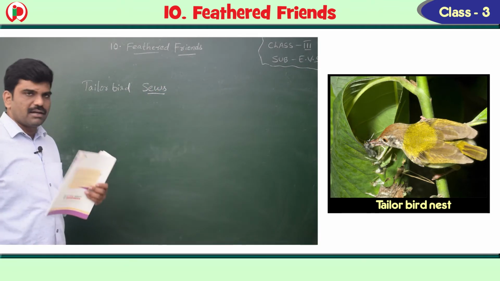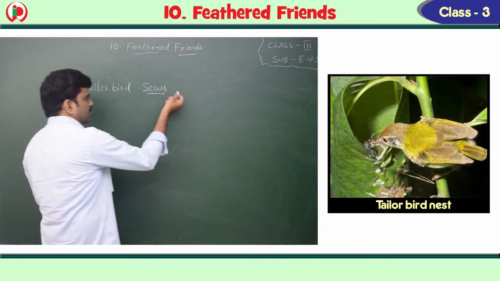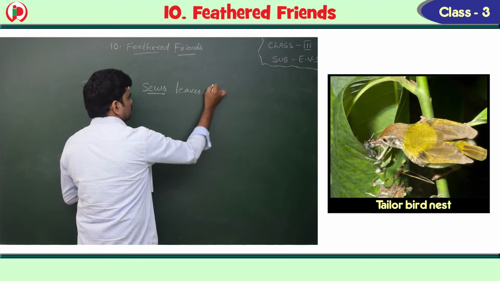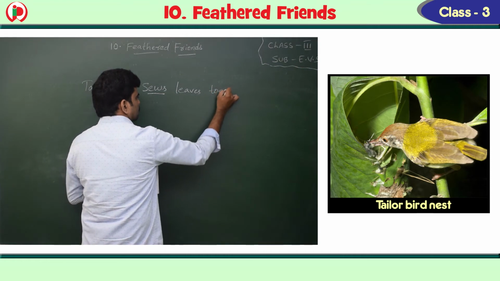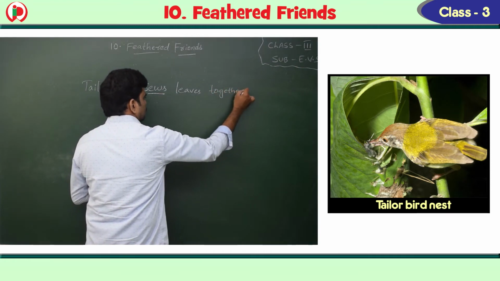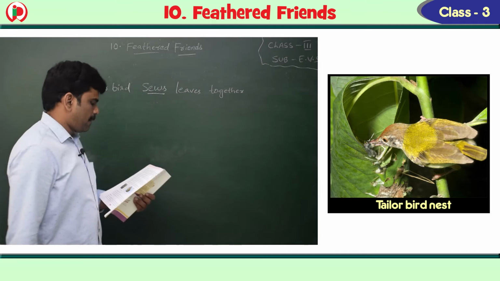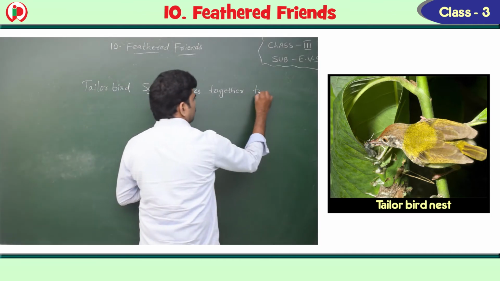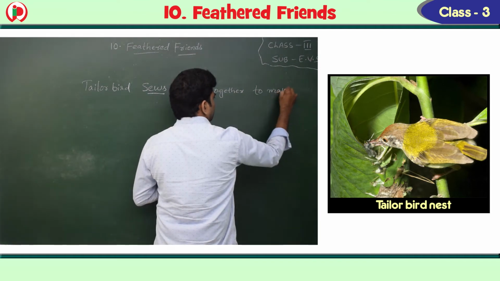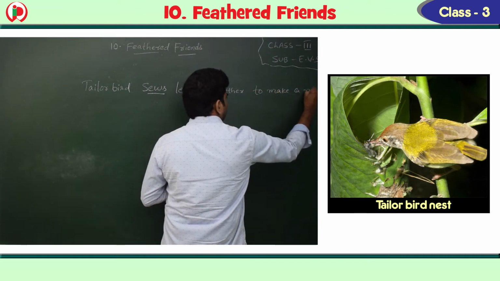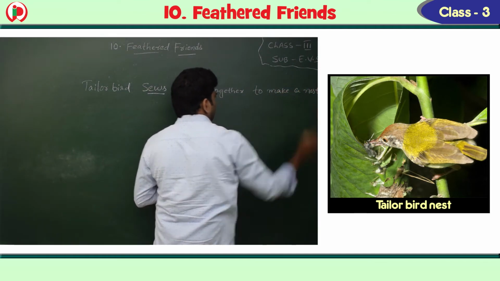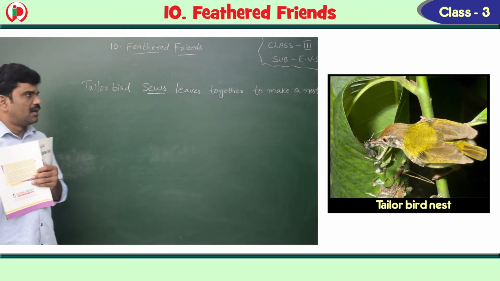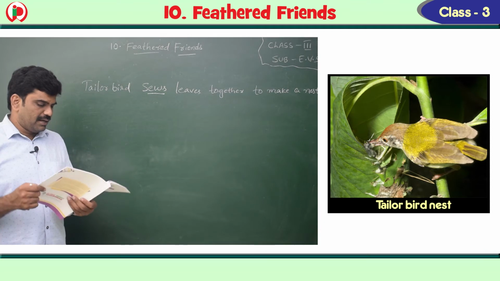Sews means they attach leaves together to make a nest. So here tailor bird sews leaves together to make a nest.